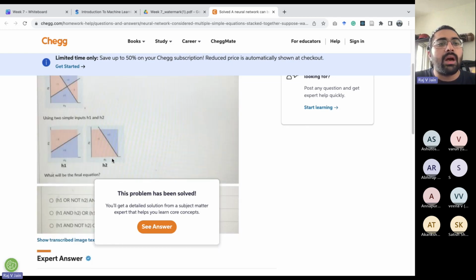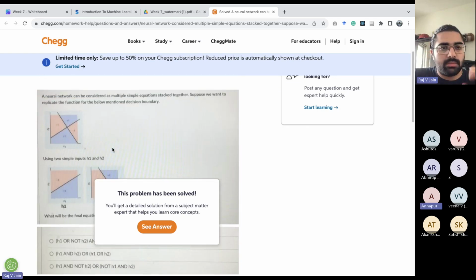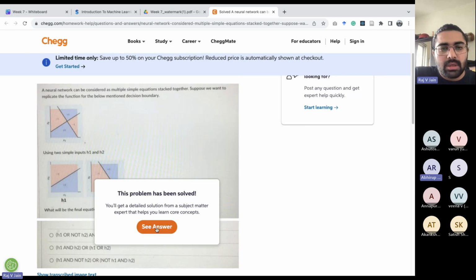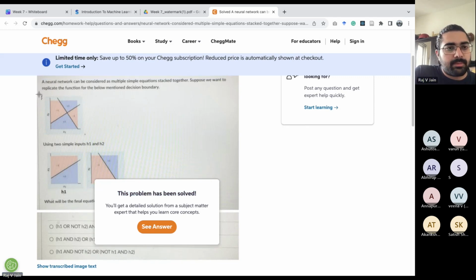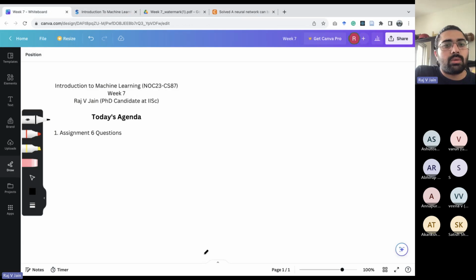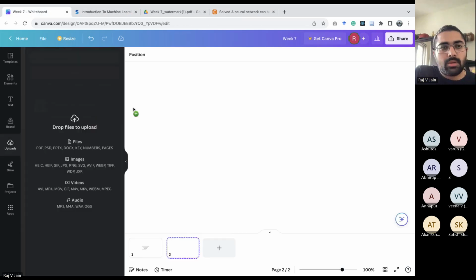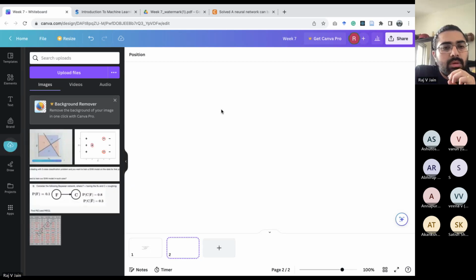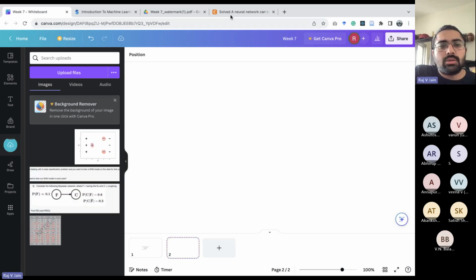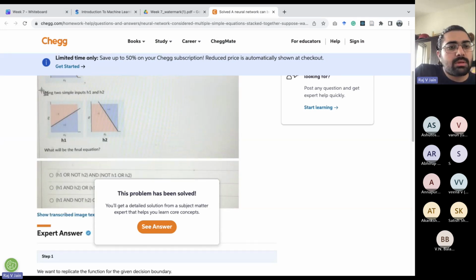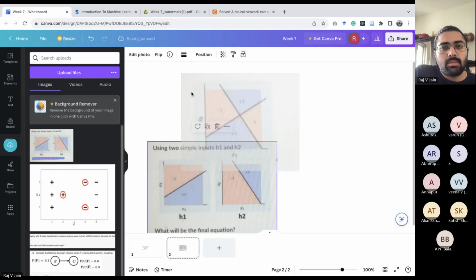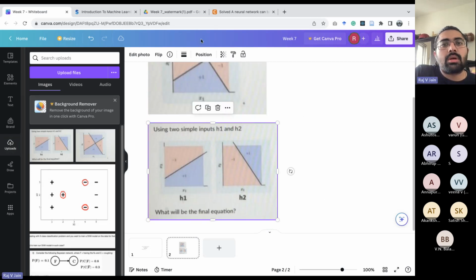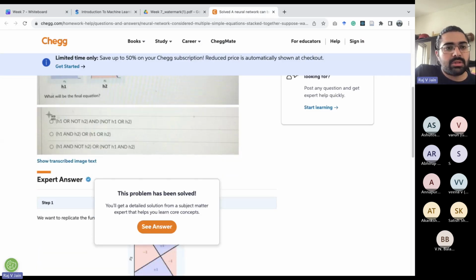Let me just put all of this in the PDF. So this is the simple inputs, and then we have these three as the options.